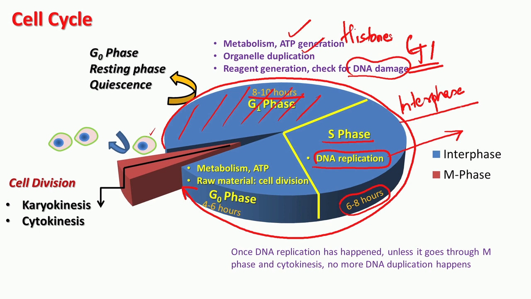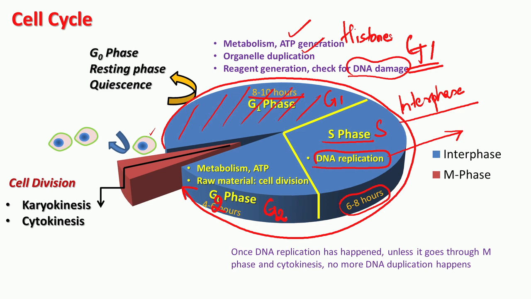Now, once the DNA has been religiously and cautiously duplicated, the interphase has the third phase, the G2 phase. So, you have the G1 phase, the S phase and the G2 phase.